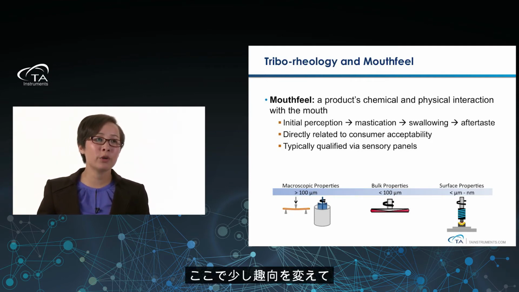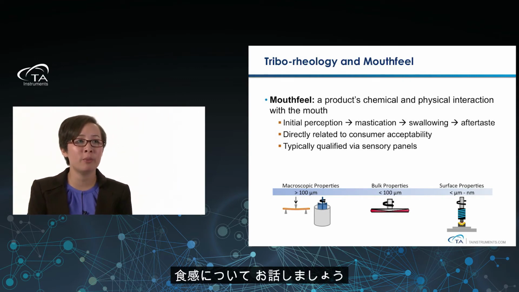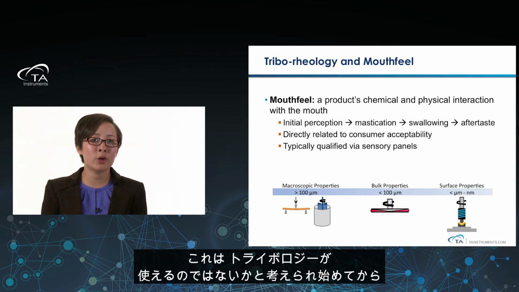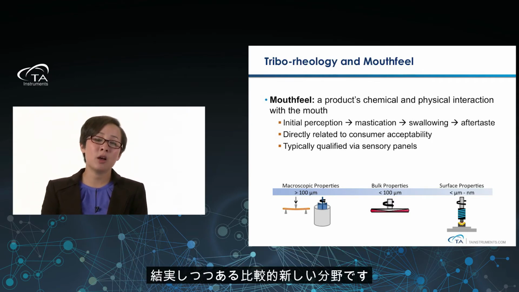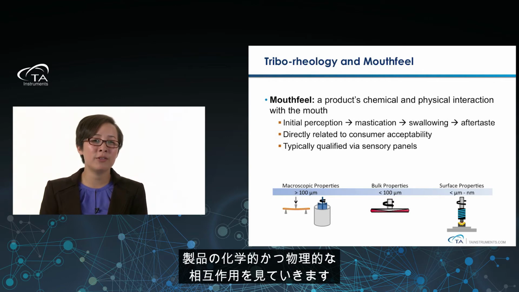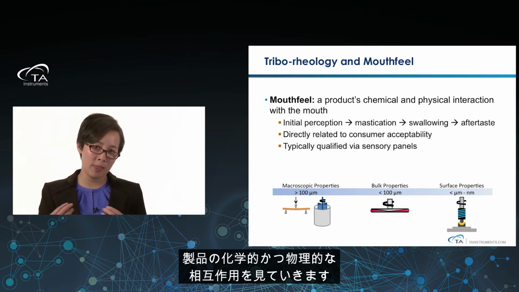So what we're going to do now is switch gears a little bit and talk about mouthfeel. This is a relatively newer area that's coming to fruition as far as using tribology is concerned. With mouthfeel, you want to look at how a product's chemical and physical interaction is within the mouth.